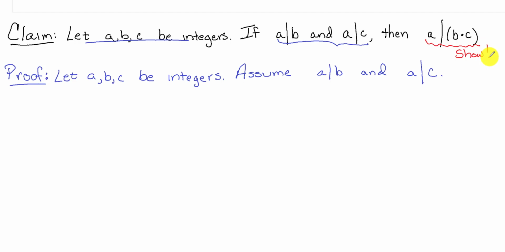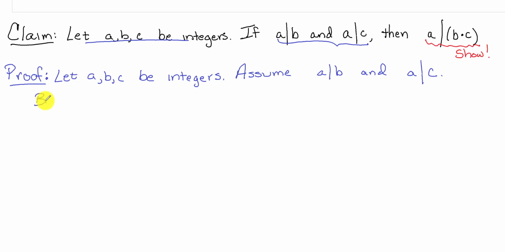And let's proceed with what we have as far as information, and then if we get stuck, we'll start working backwards. But let's start off with what we know. A, B, and C are integers. Great. We know A divides B. So let's use the definition of divides.